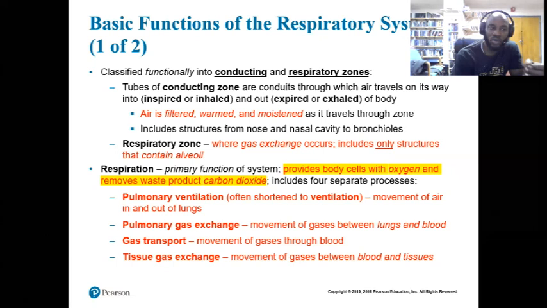And once it gets to where the oxygen is going to be transferred, we have tissue gas exchange. So oxygen goes from your bloodstream to the tissues, and carbon dioxide goes from the tissues back to your bloodstream. Right. So these are the four separate processes that all have to happen for respiration to happen.